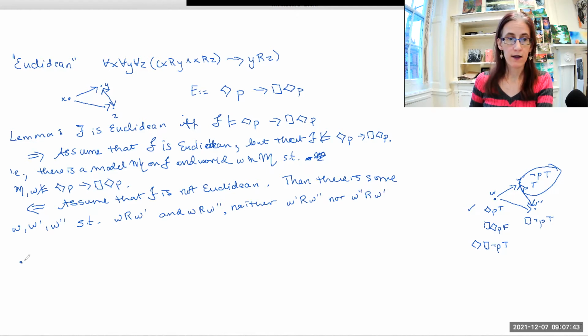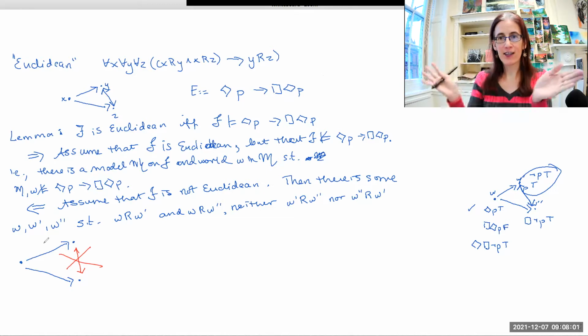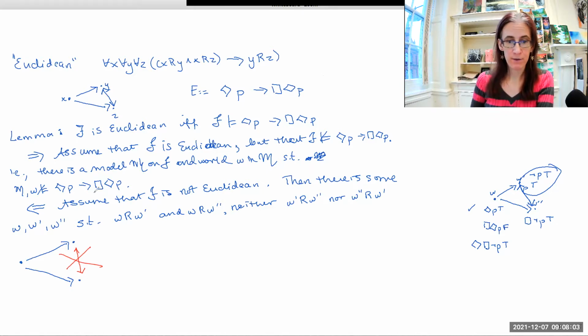So what we get is something that looks like this, where I'm just going to draw this, but then cross it out. It's hard to indicate lack of a relation, but hopefully you can see that what I'm saying is here are these worlds and they definitely don't see each other.